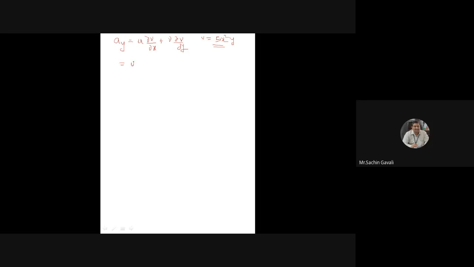We have to differentiate v with respect to x. So y will be constant, so 5y will be constant and the derivative of x square is 2x. So it will become, I think, 10xy. Am I right?